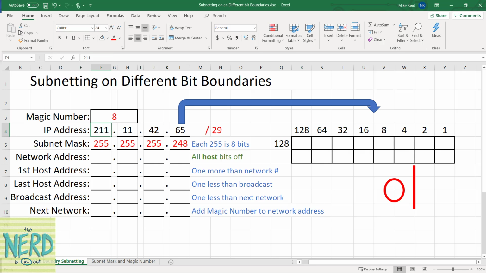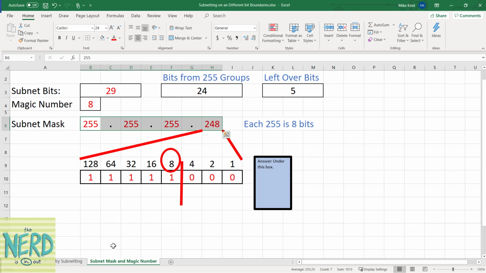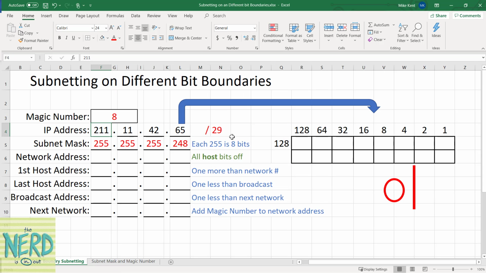So that's the reason we draw out that subnet mask, is to figure out where the dividing line is, so we know what our subnet mask is, and we know what that magic number is, the dividing line between network and host. All right, so now this subnet mask is telling me all of the 211 is network, all the 11 is network, and all the 42 is network, because those are 255s.